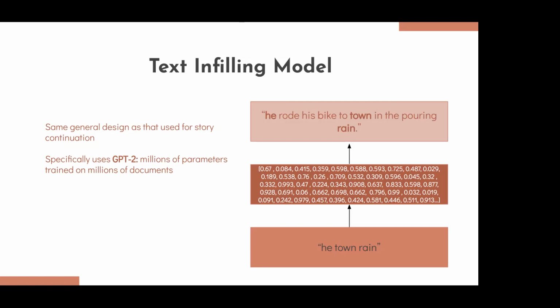So the regular, so to speak, GPT-2 has seen a bunch of English text that's on the web. But then you can take that model and plug it into, in this case, the text infilling model, and it will be tuned for that particular task. So in this case, we took GPT-2 and then applied it to a data set that had these prompt and infilled sentence pairs in order to get it to specifically perform this text infilling task.